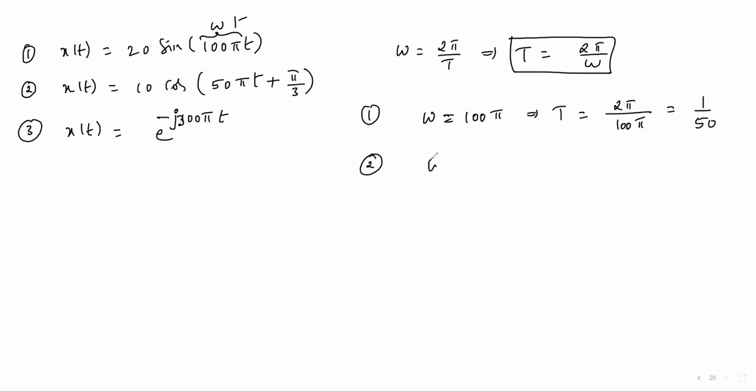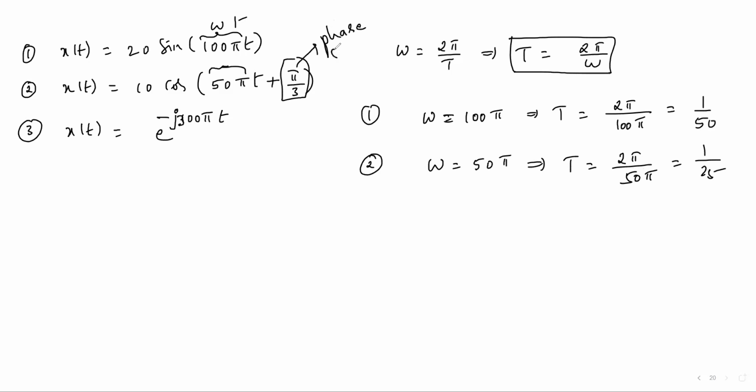Similarly, for the second one, the omega value here is 50 pi. That means the time period is 2 pi by 50 pi, which gives 1 by 25. The phase shift pi by 3 cannot affect the time period of the signal.